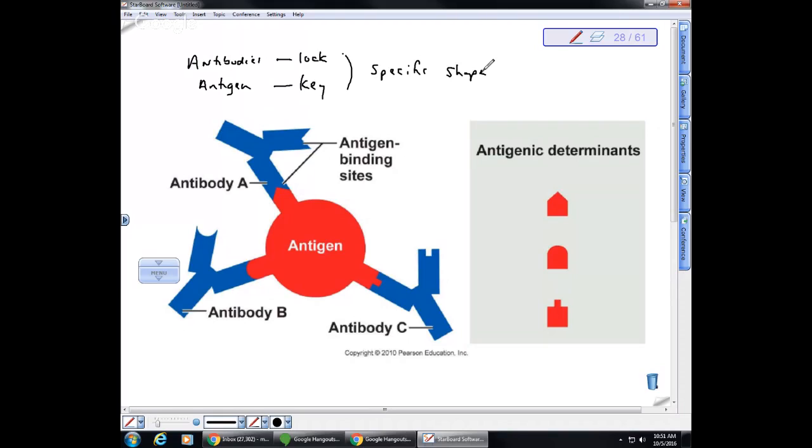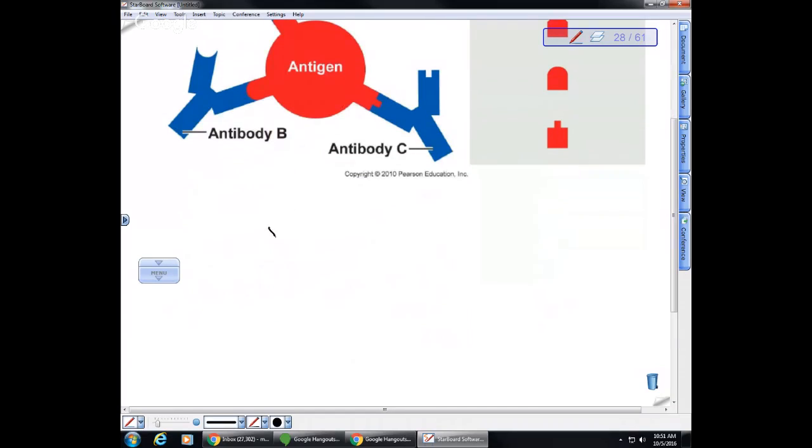So you'll notice that the blue structures here are the antibodies, and they are Y-shaped. So when we talk about antibodies, we say that they have a Y shape. And this Y has two different components to it. The Y part that comes down right here is not variable.